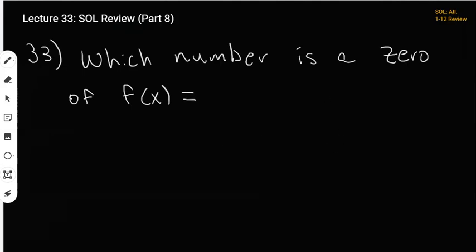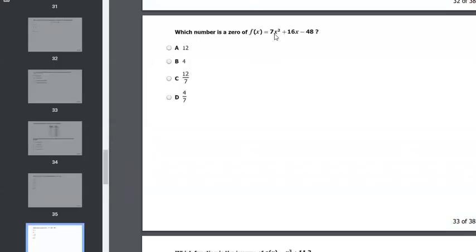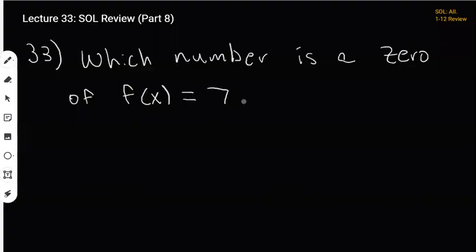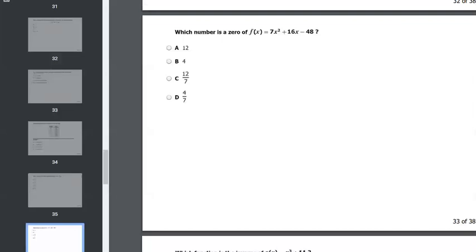And then it gives me the function: 7x squared, 16x, and minus 48.